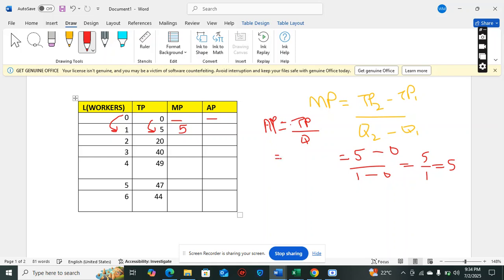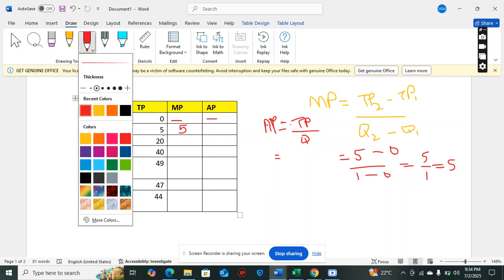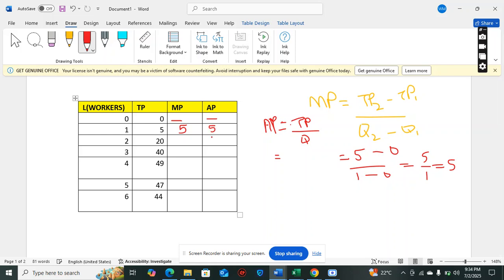So this 5 is the total product divided by 1 worker. 5 divided by 1 is 5. So the output per worker is 5 shirts. And this first worker you have employed has brought in an additional output of 5 shirts, even though it's the only one, because we take it as the addition from 0. Now you've moved to 5. Any questions before I move to the next part?